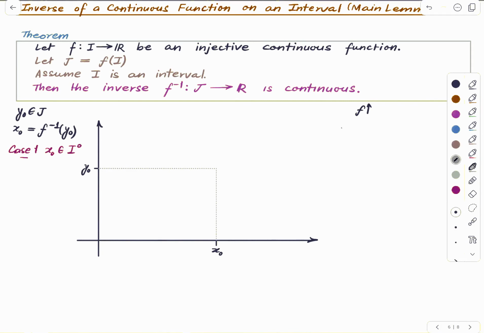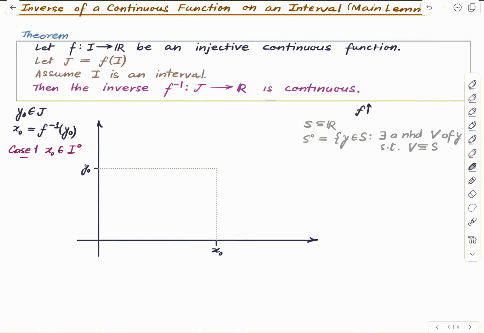So if we are given a subset S of real numbers, then the interior of S is defined as all those points in the set S such that there is a neighborhood containing this point contained in S. There exists a neighborhood V of y such that V is contained in S. So I'm just recalling the definition of interior.